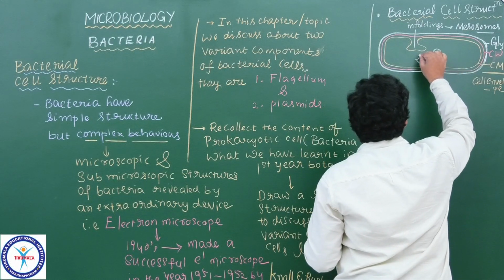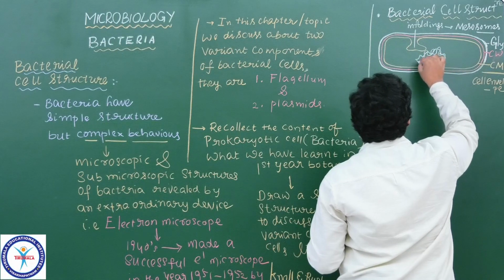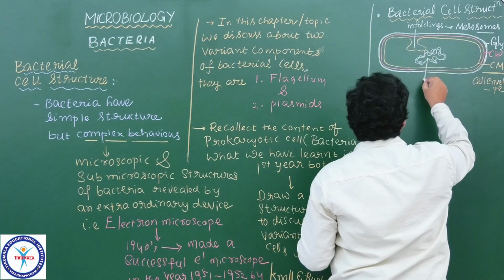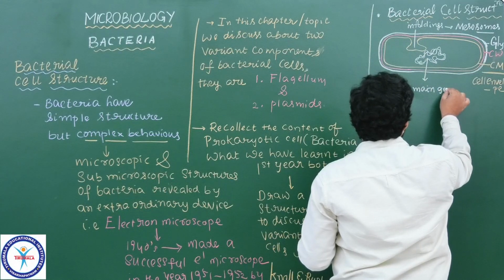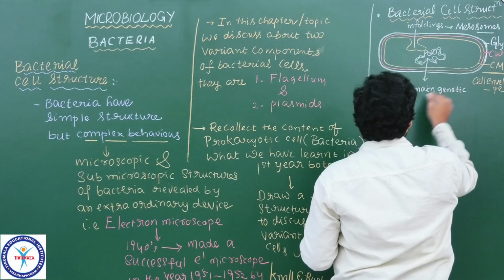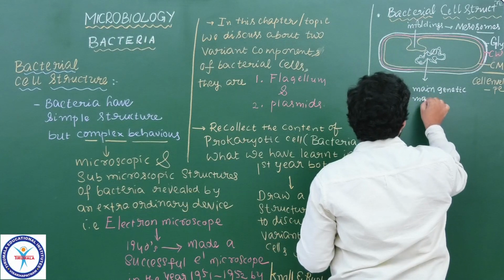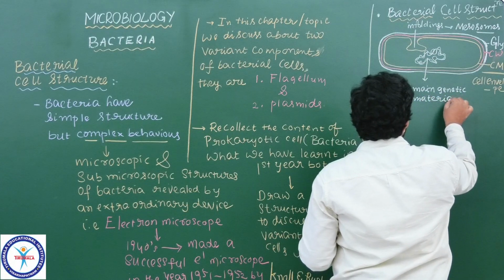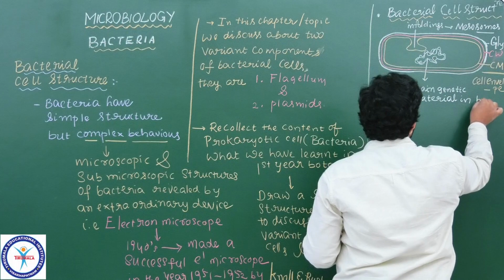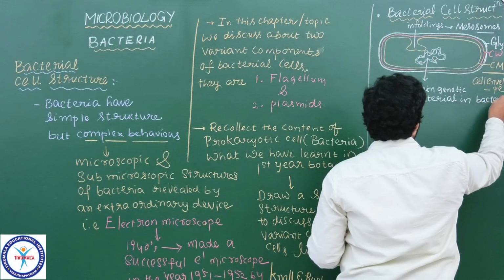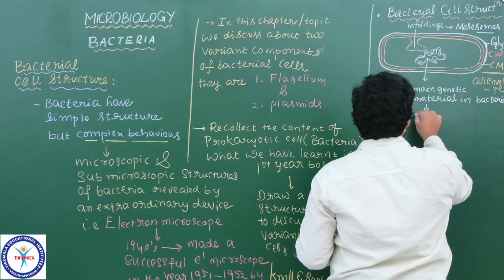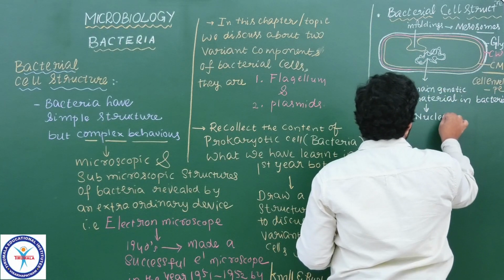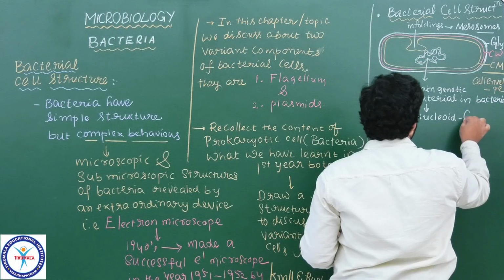This is the simple structure of the genophore as the main genetic material in bacteria.